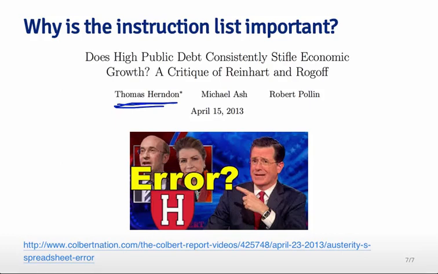And so paying attention to how the data are collected and analyzed and put together caused this paper to be called into serious question, which called into serious question political decisions by a large number of countries in the face of the recession. The graduate student ended up on the Colbert Report, and got to joke around a little bit about how this Excel error brought down all this political enterprise.